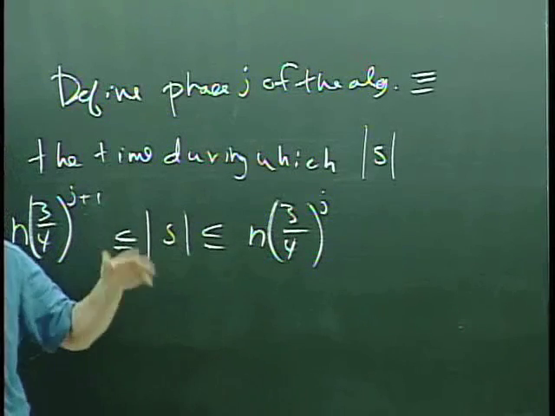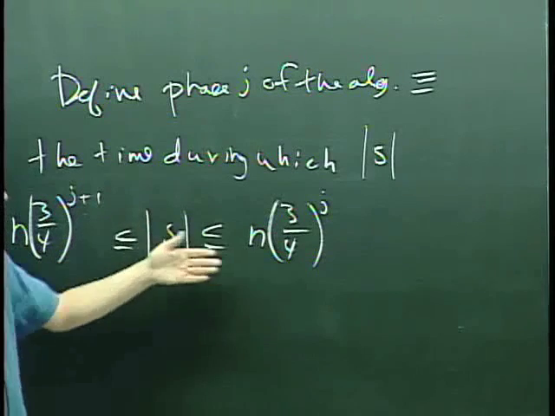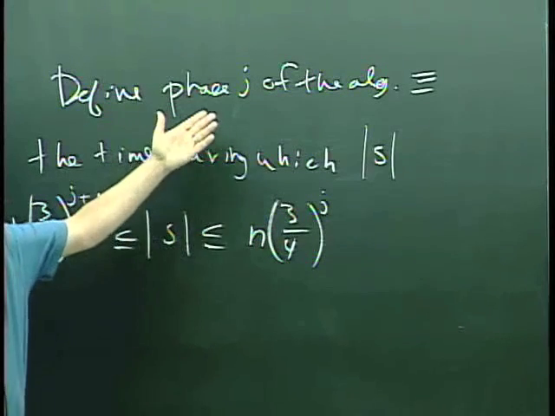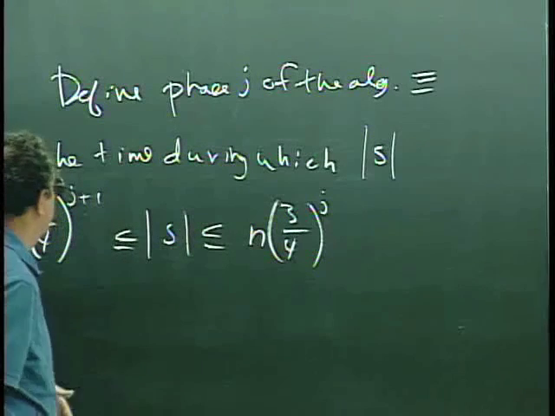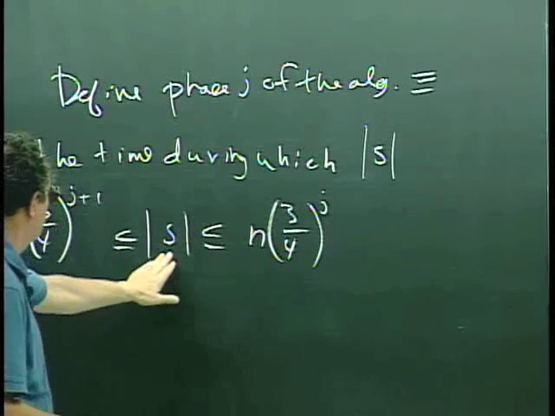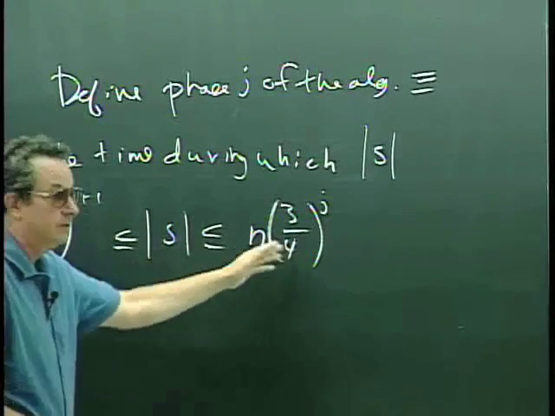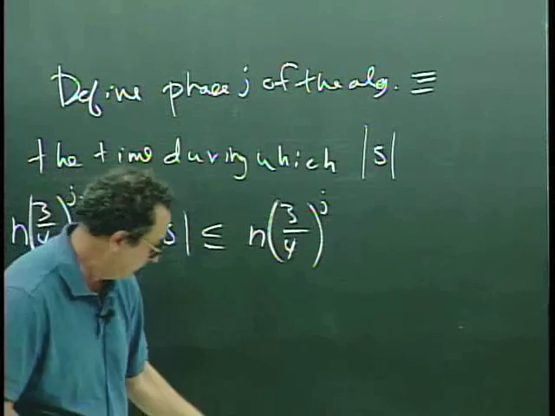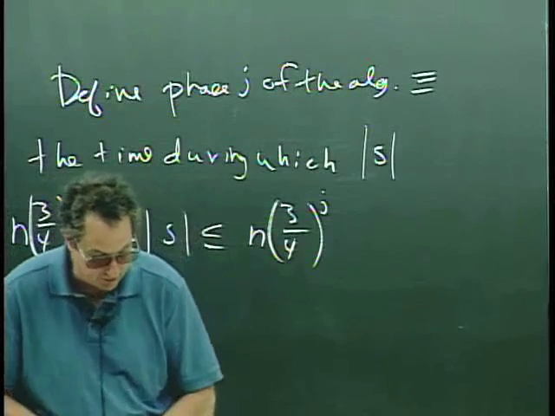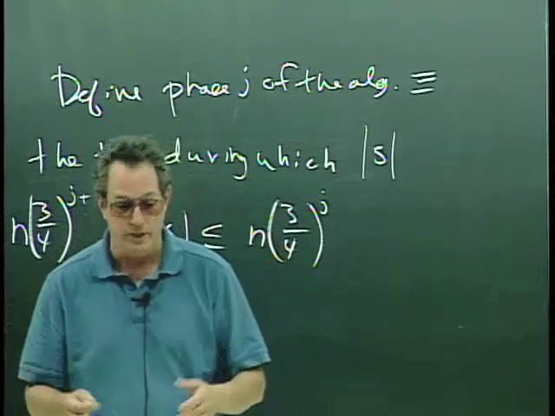It's also possible that the algorithm skips by the phase J, but this defines what I mean by phase J. If there's any time in the algorithm where the size of S is in this range, then the algorithm is in phase J.